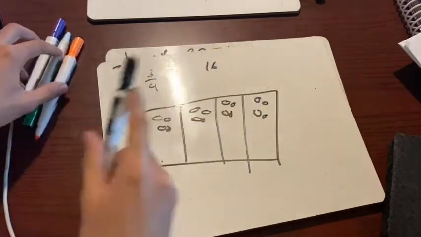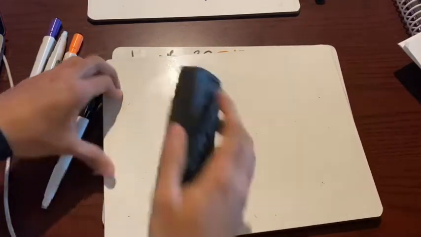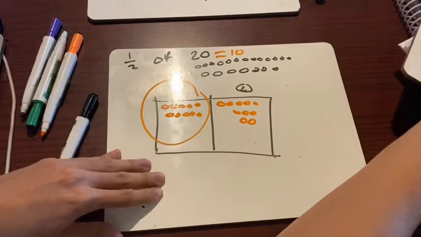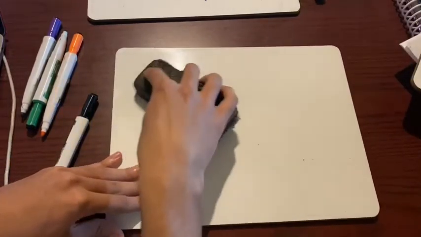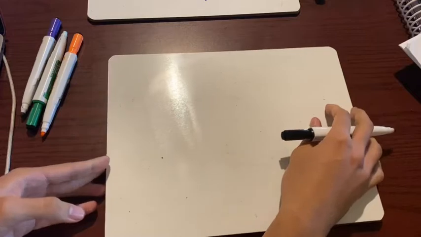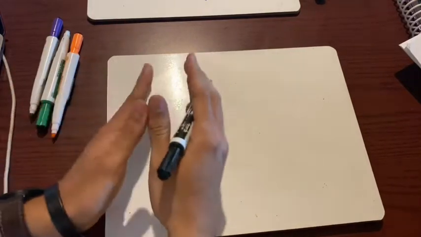That is not always going to be the case, everybody. Sometimes they're not going to fit in perfectly. And here's what I mean. Let me erase this and I'll show you an example of what we're going to be doing today, where the circles don't always go into the boxes evenly.